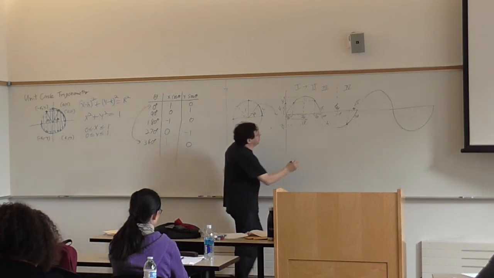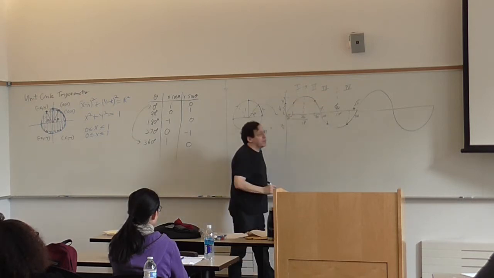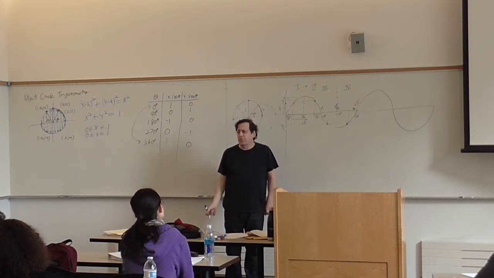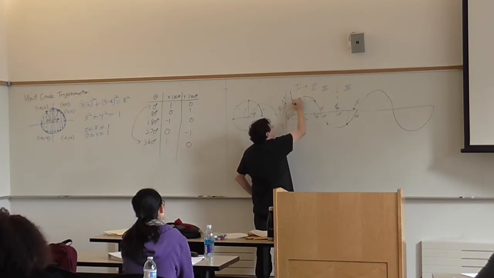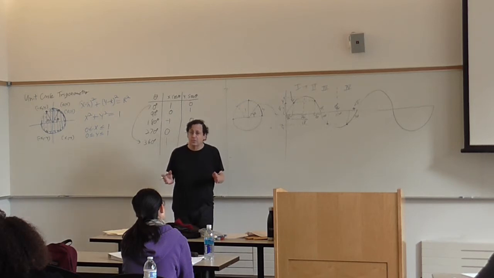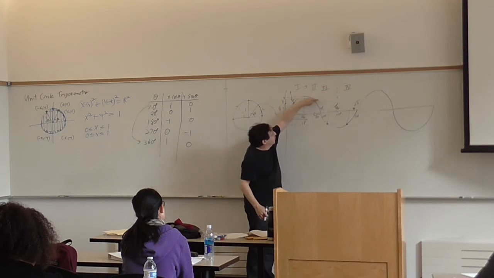So the idea is you take these 4 points, 1, 2, 3, 4, and you say, well, what's the sine at those values? All that information is wrapped up in this original angle, the reference angle. If I find the sine of this, I know the sine of this angle is the same.